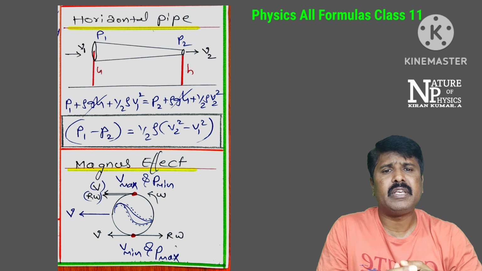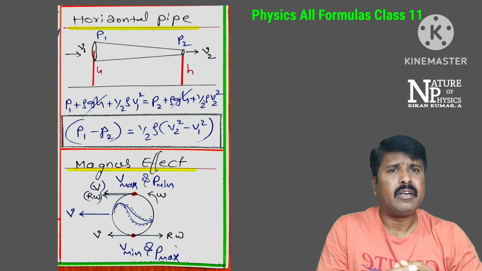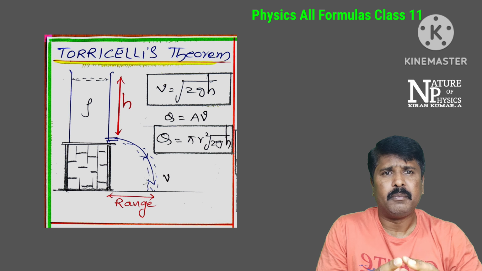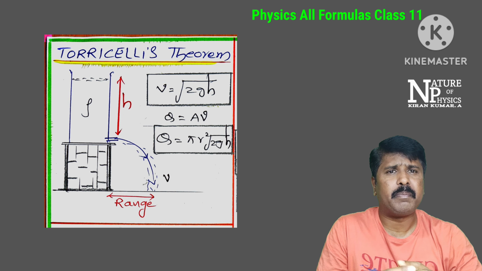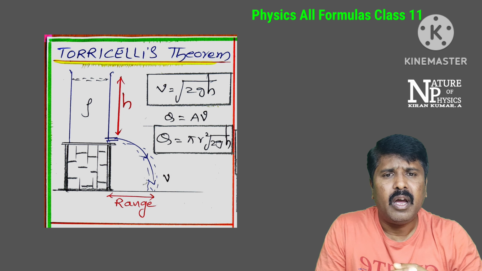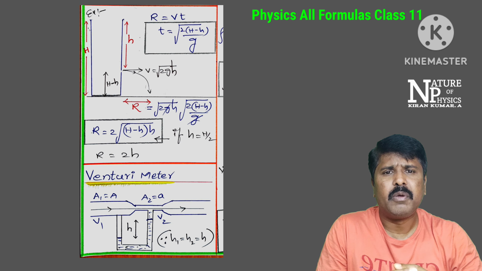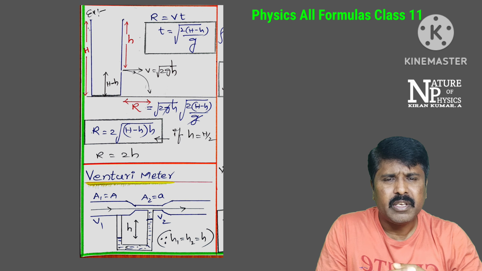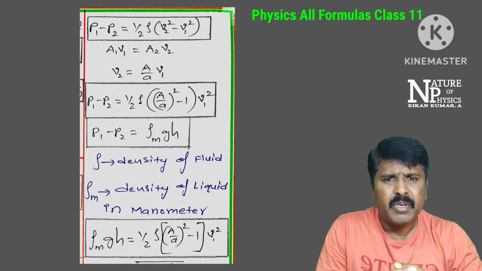Magnus effect, velocity is maximum at the top and minimum at the bottom. Okay, that's why pressure is maximum at the bottom, pressure is minimum at the top. And also there are Venturi meter formulas, and before that clear relation formulas given in the fluid dynamics.